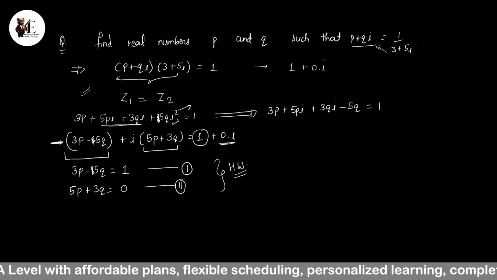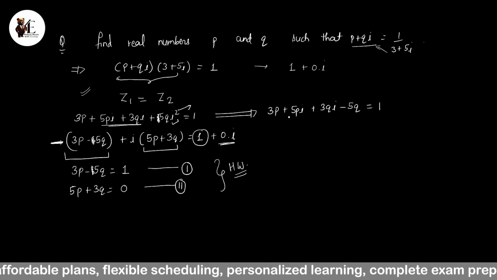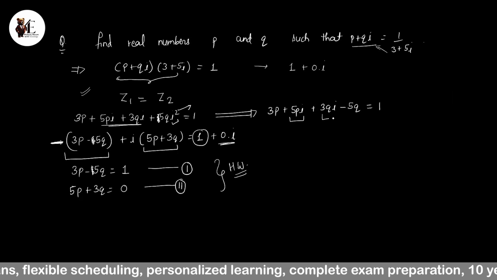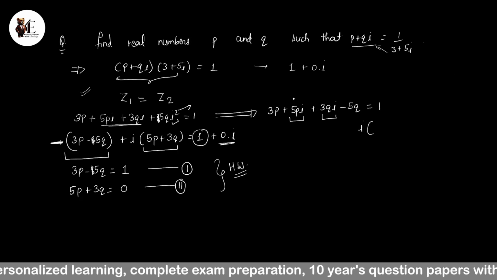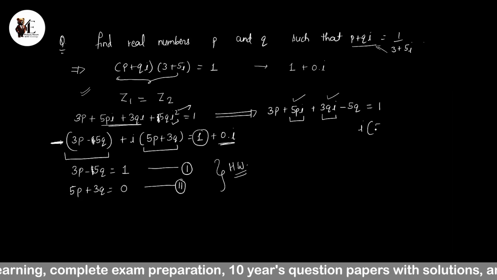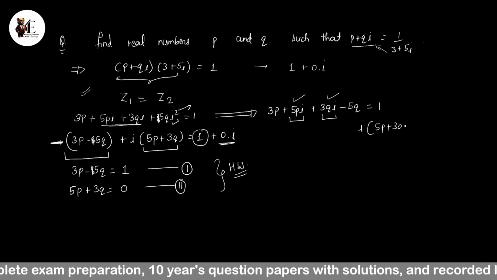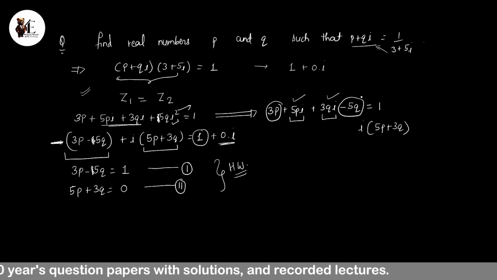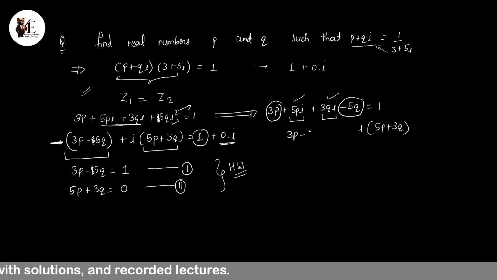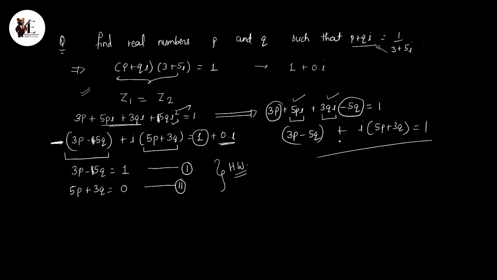Imaginary terms are those terms in which i is written. In these two terms, i is written, so I can take i as common in these two terms, and I will have 5P plus 3Q. That will be the imaginary part. And the terms in which i is not written will be the real part. So 3P minus 15Q plus i times (5P plus 3Q) is equal to this. Thank you. You're welcome.